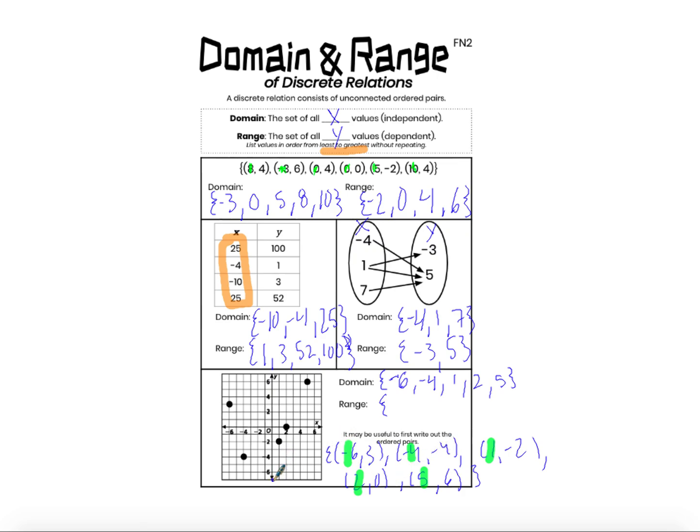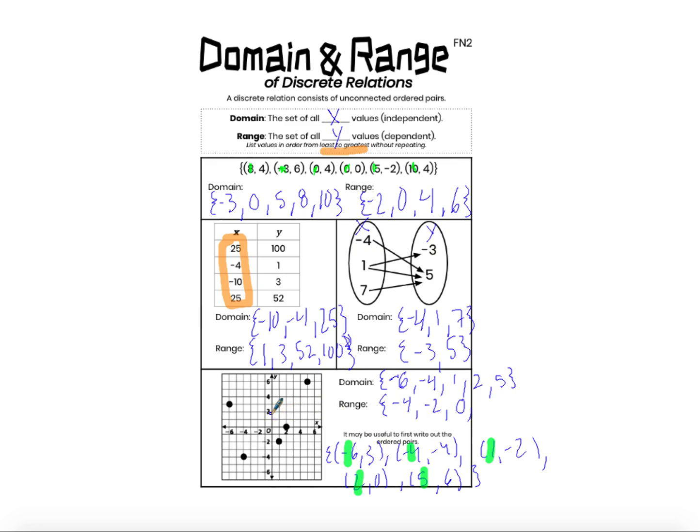When we're looking at the range, we want to start at the bottom of the graph. Those are the smallest y values, and move up. So there's no point when y is -6, -5. Yes, when y is -4, there is a point. That means -4 is in the range. This point has a y coordinate of -4. -3, no. -2, yes. -1, nope. 0, yes.